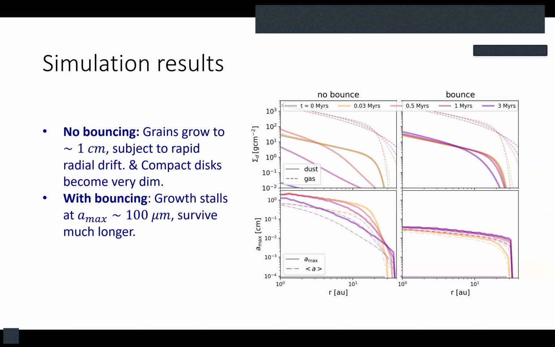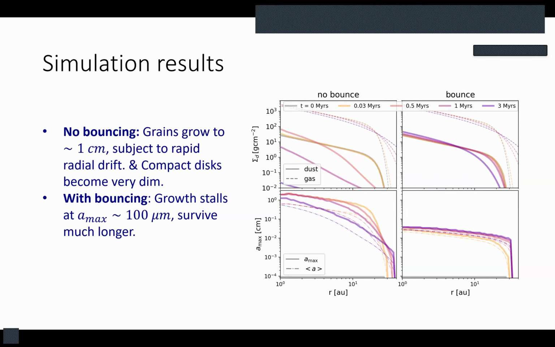And to confirm this point, we simulate this evolution. So here's the radial profile at different simulation times. The left panel is the model with no bouncing yet, so the grain growth is limited by fragmentation.